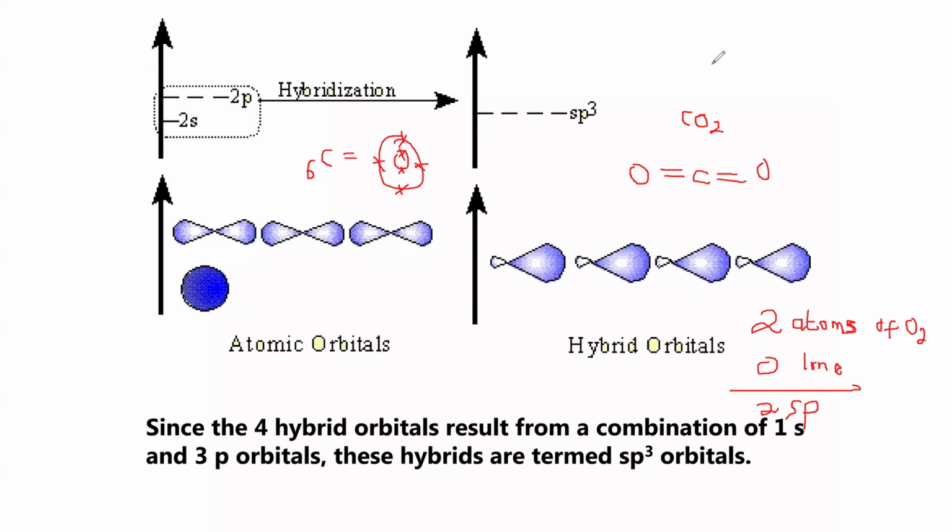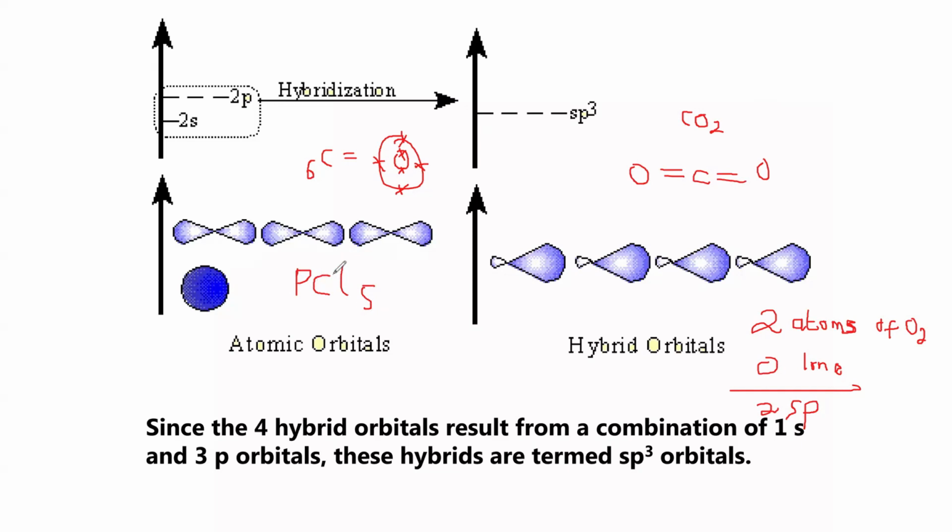Then another example is, let's say we have PCl5, that is phosphorus pentachloride.